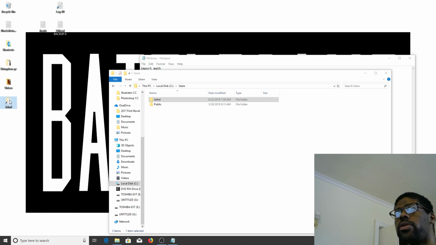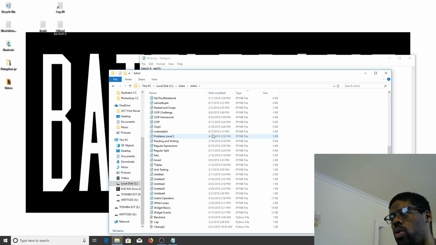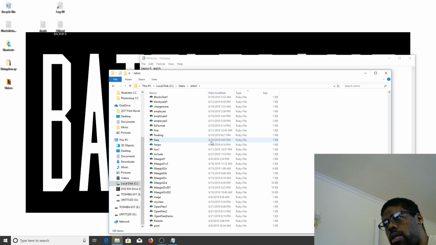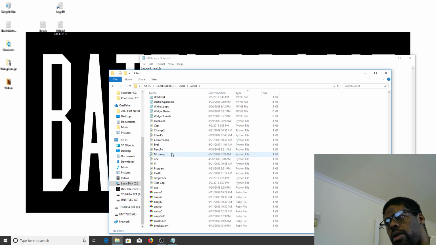And I guess I can drag it into the shortcuts folder. That'll save me some effort, and now I'm going to go into modules and packages. Okay, so I'm not going to Ruby, I'm going to Python. So M library.